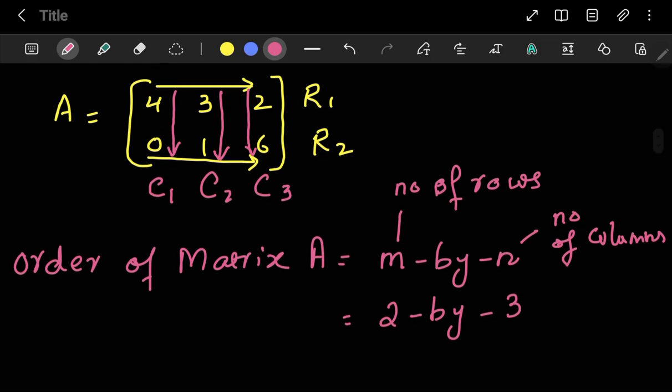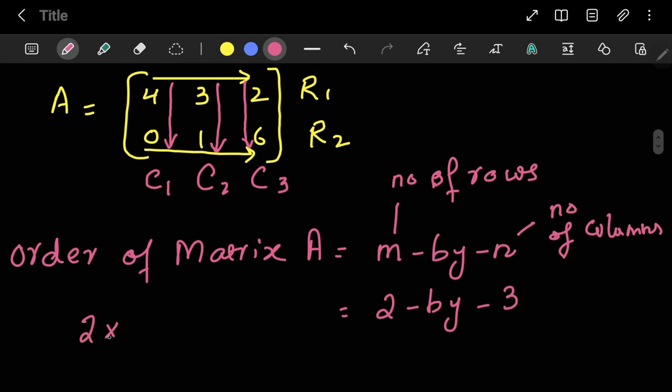If we multiply 2 times 3, it gives 6. This 6 shows that the matrix A has 6 numbers in the form of columns and rows. So the order of matrix A will be 2 by 3.